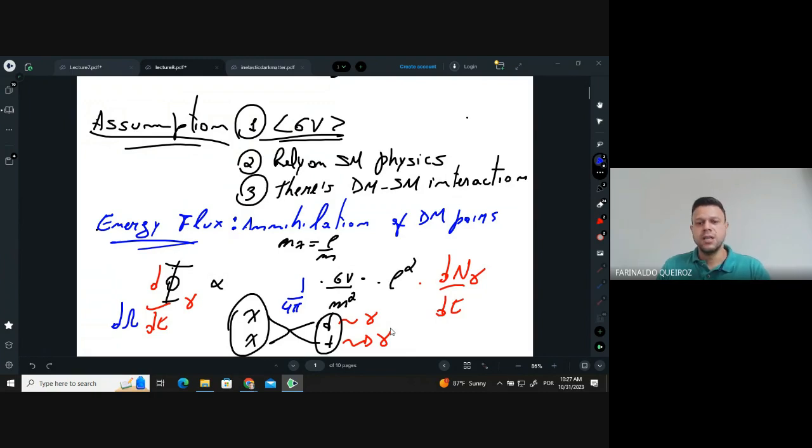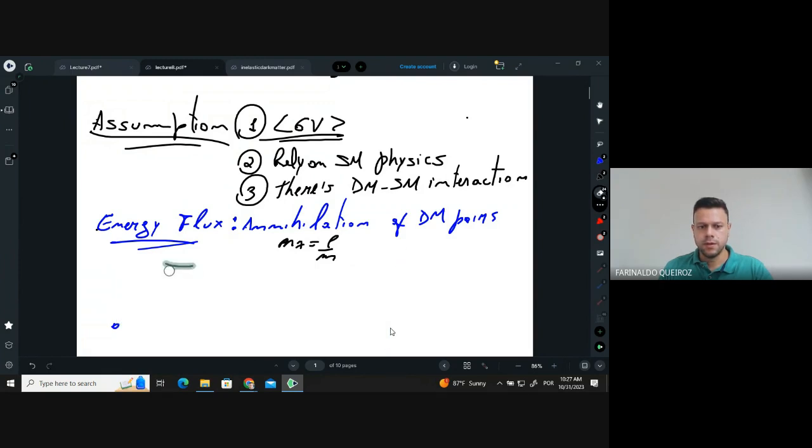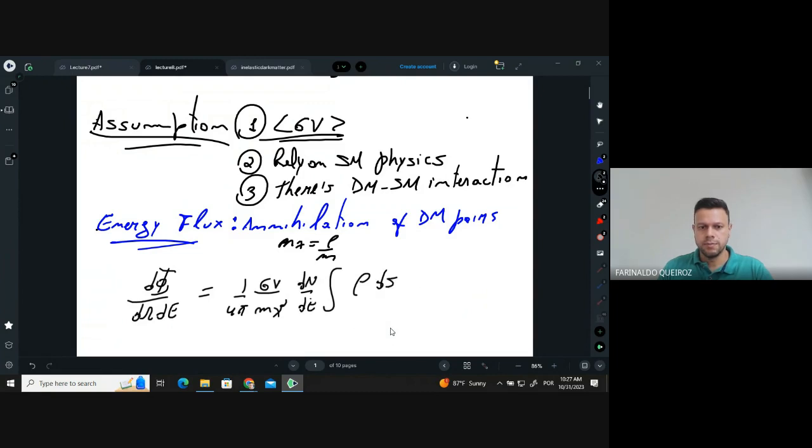That's just the flux for dark matter annihilation. And the energy flux is simply, you take this formula, and now we write it more beautifully. The flux, E omega dE, equals sigma v over m chi squared, 1 over 4 pi, integral of rho ds dN dE.